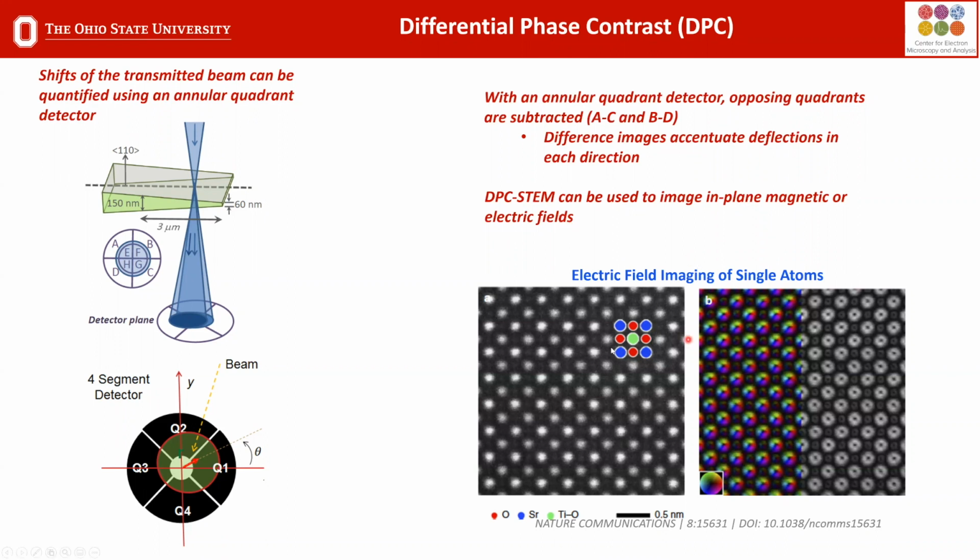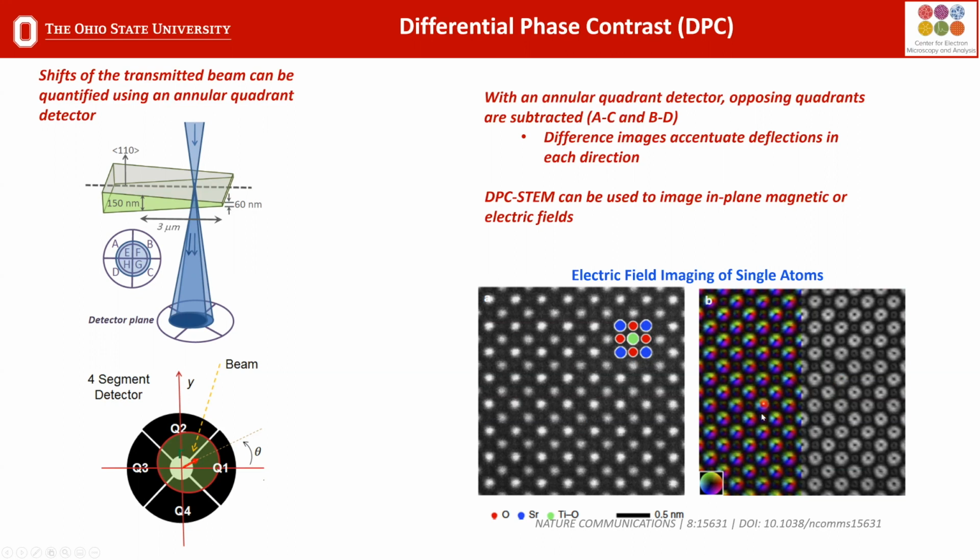And so what I mean by that is here's your strontium titanate image with an overlay of the atomic positions. Oxygen is again red here. And so we'd see no oxygen positions in this image. However, if we look at the DPC image here, it shows the electrical field potential of the strontium, the titanium, and the oxygen positions.